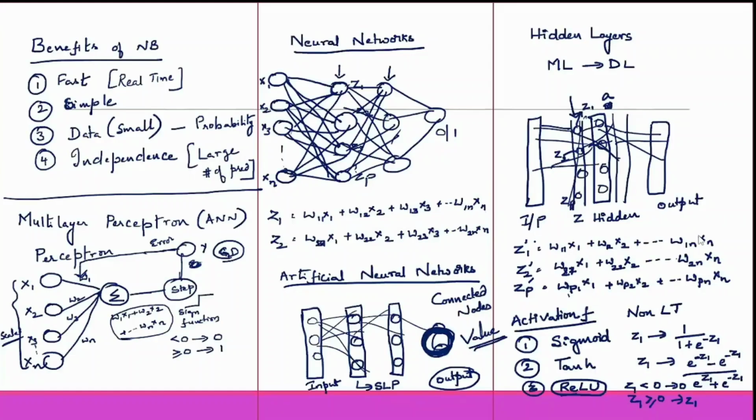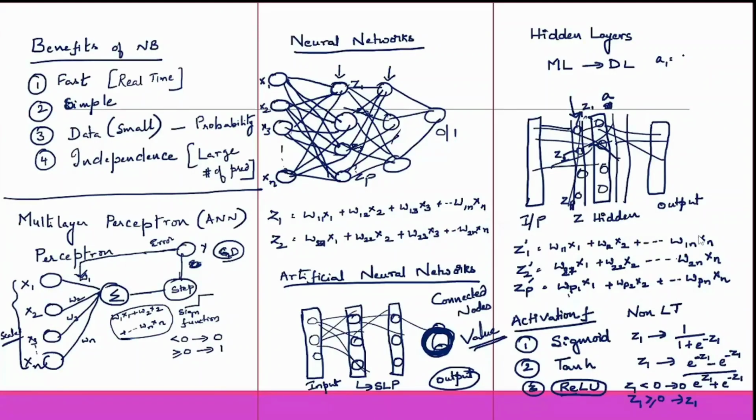Then again I can say A1 is equal to, I can set some other set of weights here. So let's say the weights are W. We may have to take another set of weights.